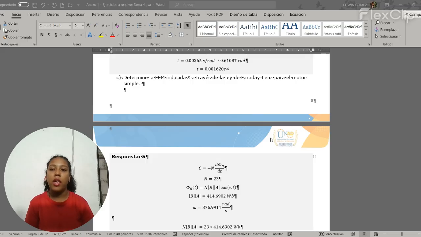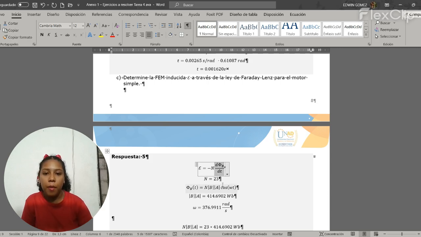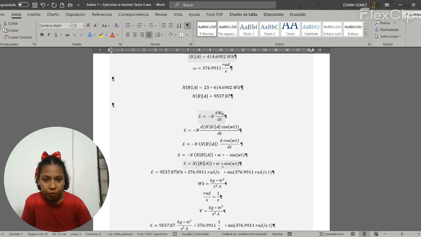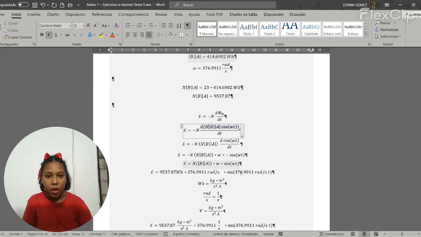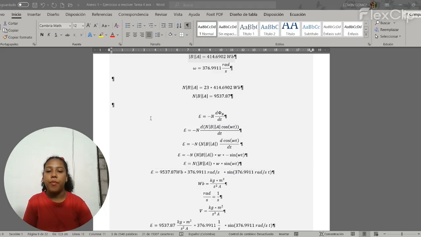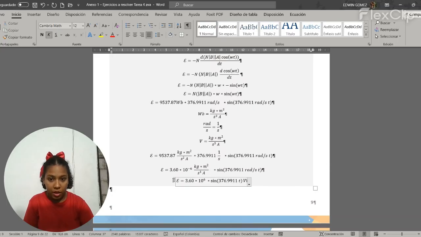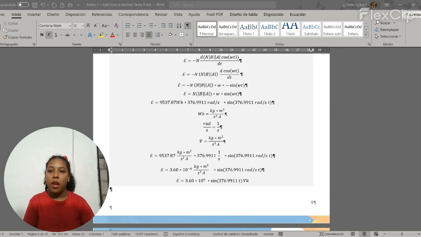The induced EMF becomes a sine function whose amplitude depends on the number of turns, the magnetic field, the area, and the angular frequency. The final expression represents how the induced EMF oscillates over time.